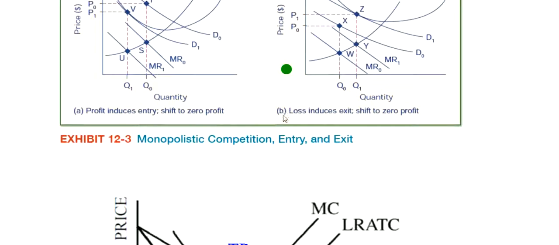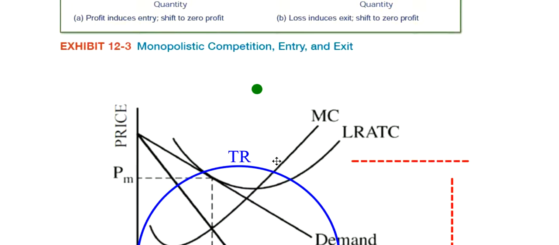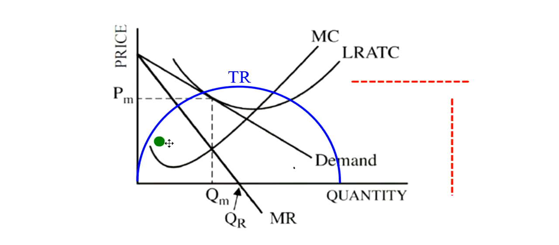The graph we're going to draw for our problem is going to look like this. Now you don't have to draw your total revenue here. I just drew this to show that total revenue is going to be maximized where marginal revenue is zero. Because remember, marginal revenue, this curve right here, is the change in total revenue. So as you see, this curve is getting gradually flatter, so the changes are getting smaller and smaller as we increase our quantity.